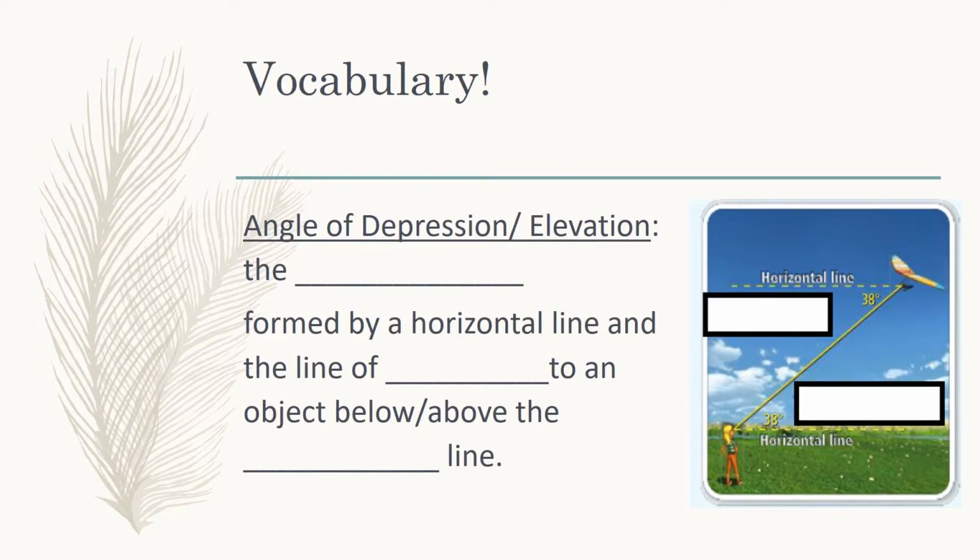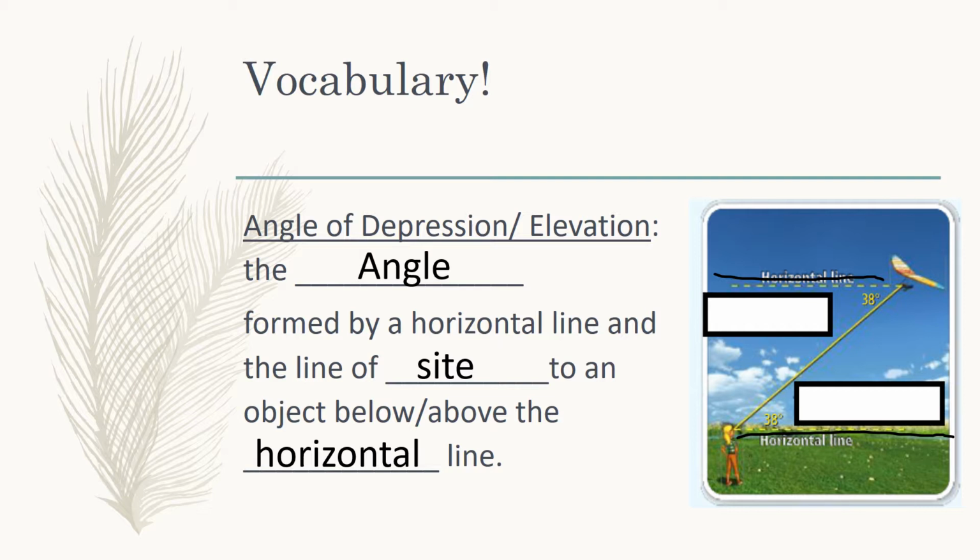So we're going to look at some vocabulary. Angles of depression and elevation is the angle formed by a horizontal line, so always a horizontal line, and the line of sight to an object below or above the horizontal line.